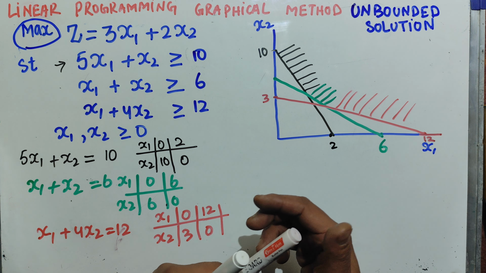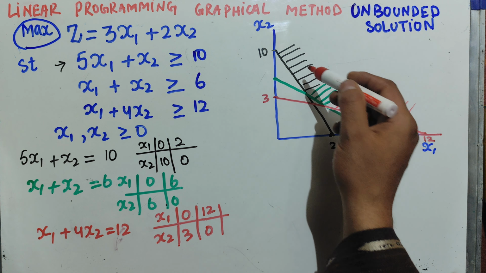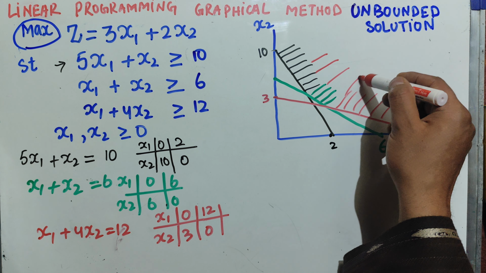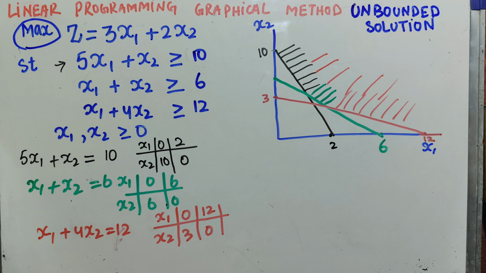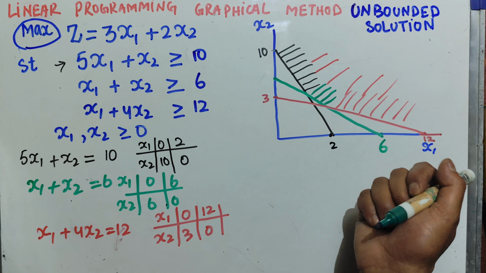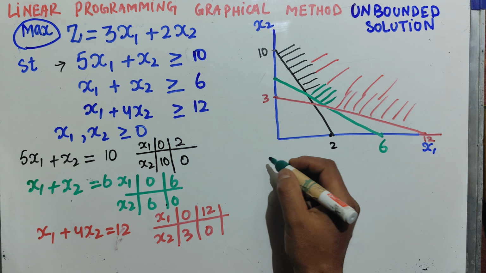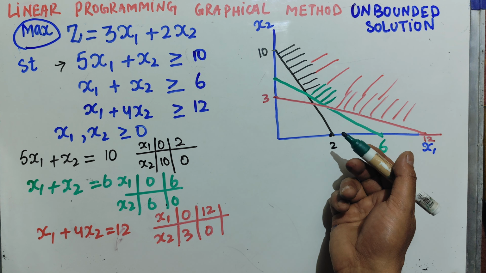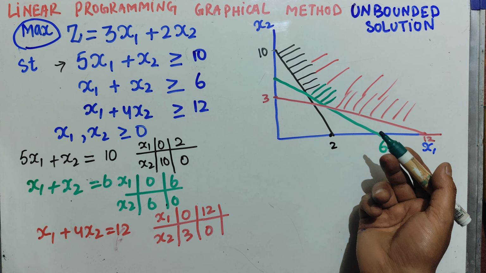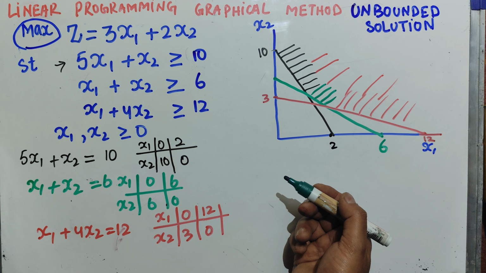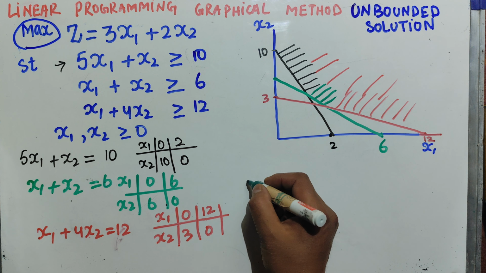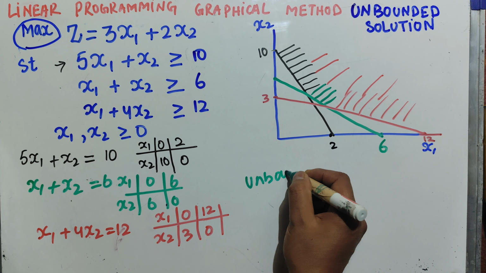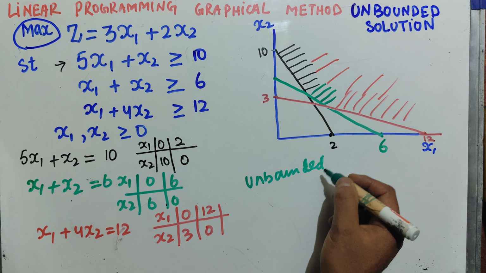So we will get an infinite value of the z function. So since the feasible region is unbounded, the maximum value of z occurs at infinity. In this case we get an unbounded solution.